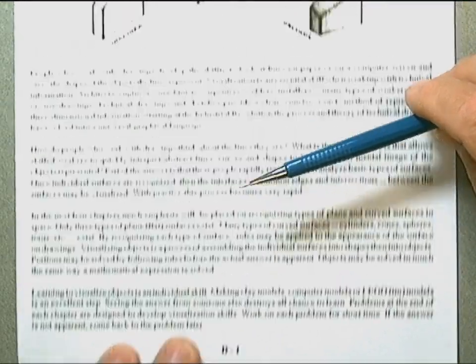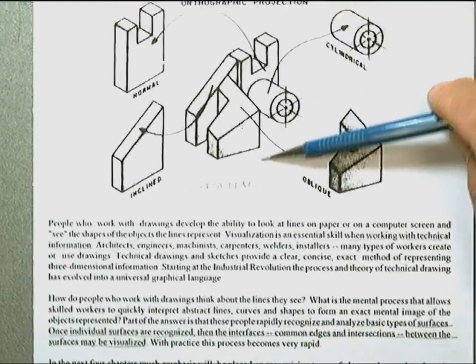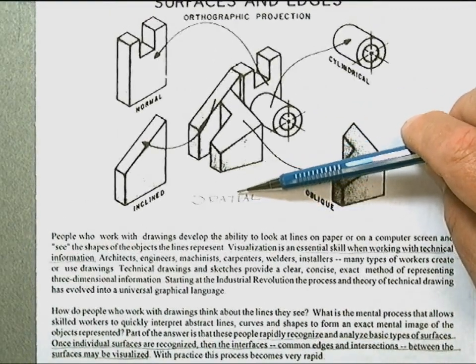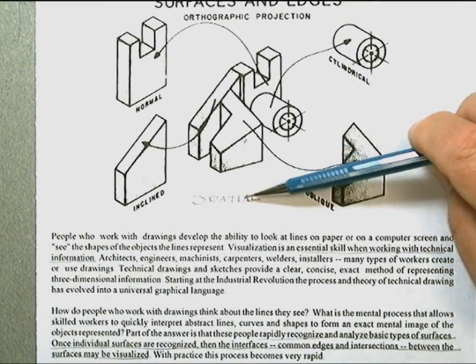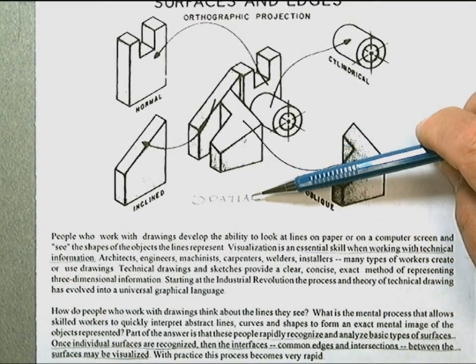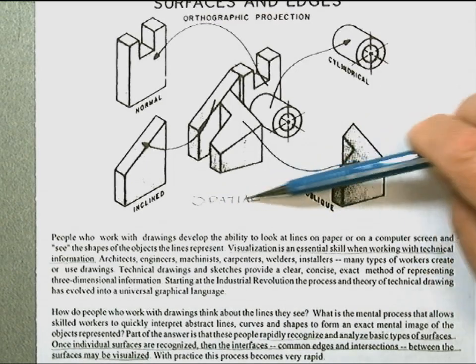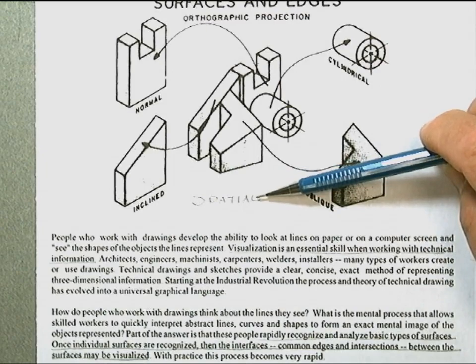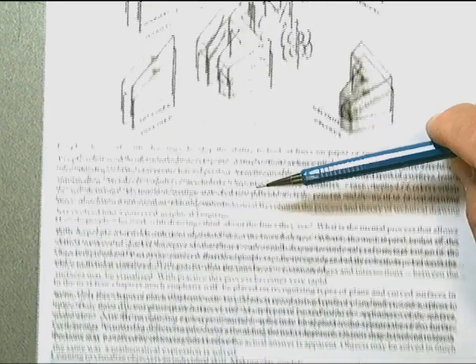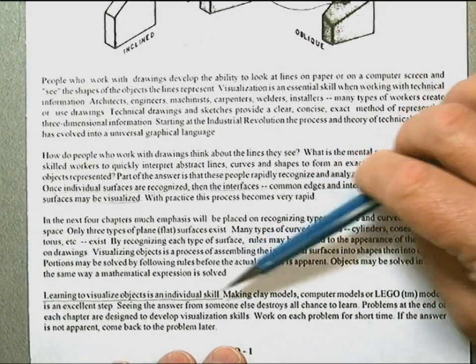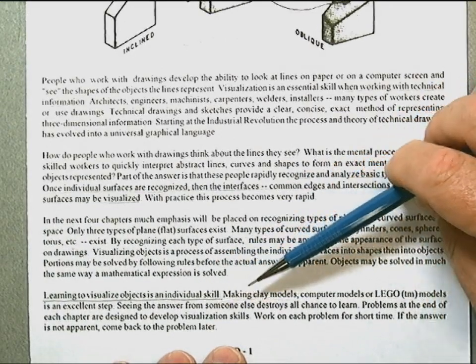Some of you have a knack or a talent or an increased ability in the spatial skills. Others of you may be lacking in this, and you'll have to concentrate heavily on following rules to be able to create these two-dimensional views.